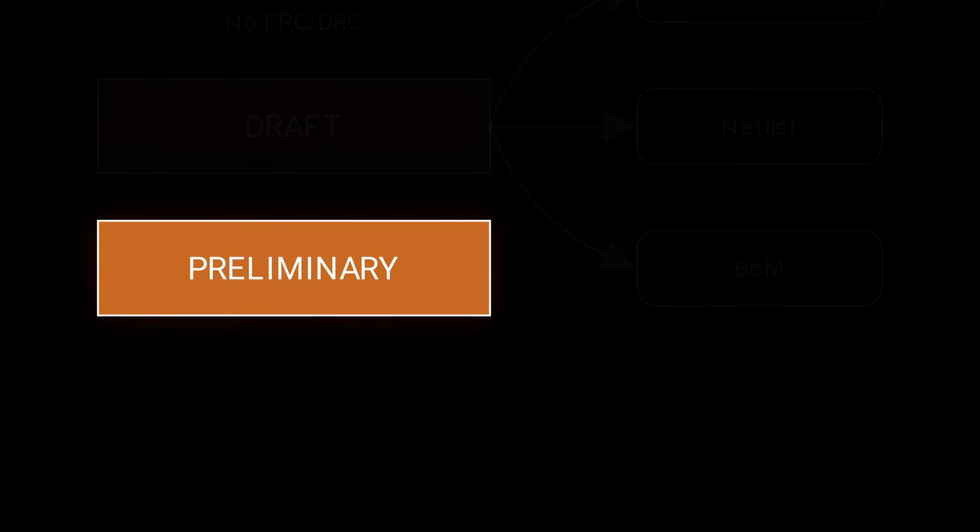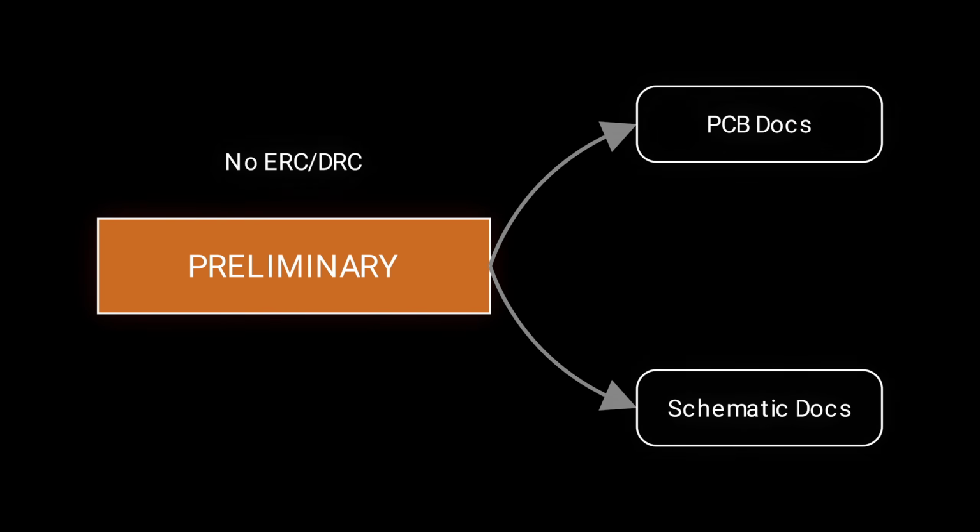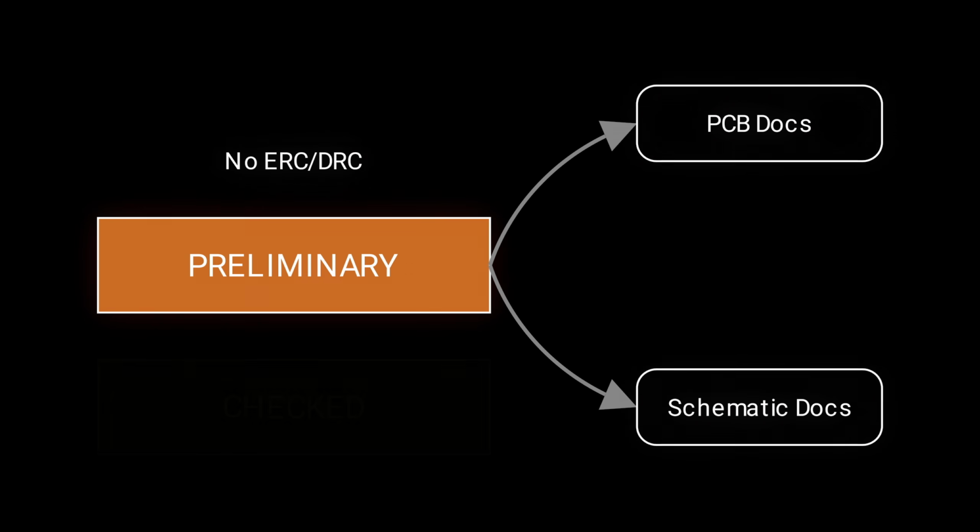Next comes the preliminary phase, and in this phase, we have the schematic nearly completed, and we've already started working on the PCB. In this phase, we will generate both the schematic and PCB documents, but we will not perform yet the electrical rules check and the design rules check. After this, we will have the checked phase, and at this stage, both the schematic and PCB are mostly finalized.